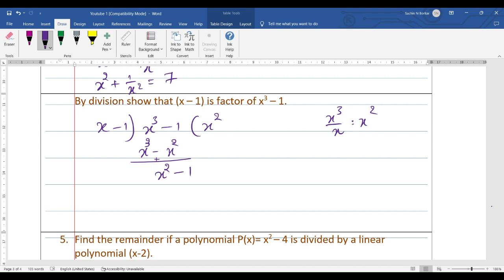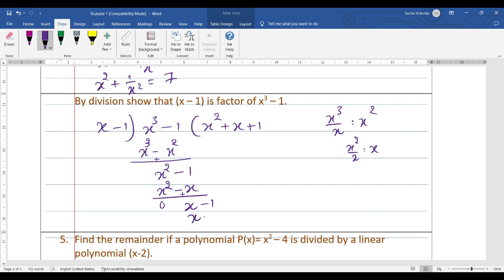So my second quotient is x square by x, which is x. So the second quotient is x, where I get x square minus x. So there I get 0 again, this becomes plus. So I have an x minus 1. So my last quotient is 1.